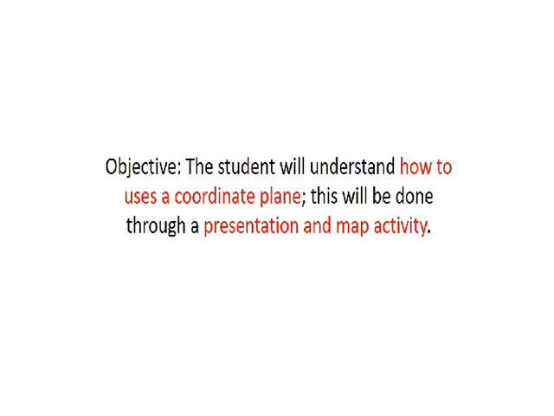For that point over there, for example, we look one way would be a number, and then we look up would be a letter. So we're going to have a number and letter associated with all the activities tomorrow. Later, you're going to find out it's actually a positive number and two sets of numbers, but we'll find that out later. But last, the objective. The student will be able to understand how to use coordinate planes. This will be done through a presentation and map activity.